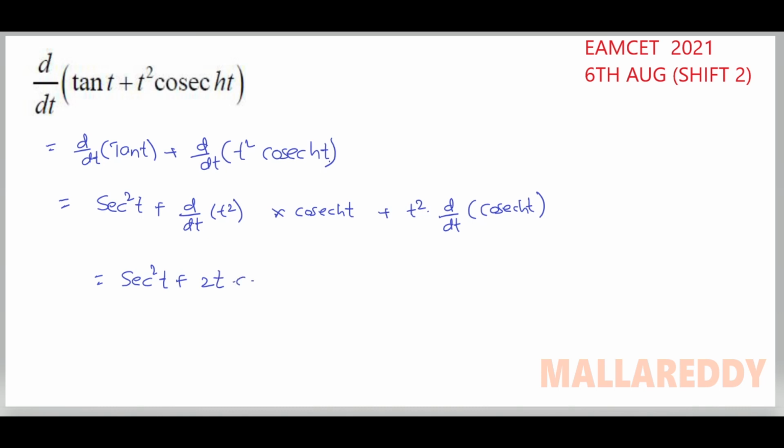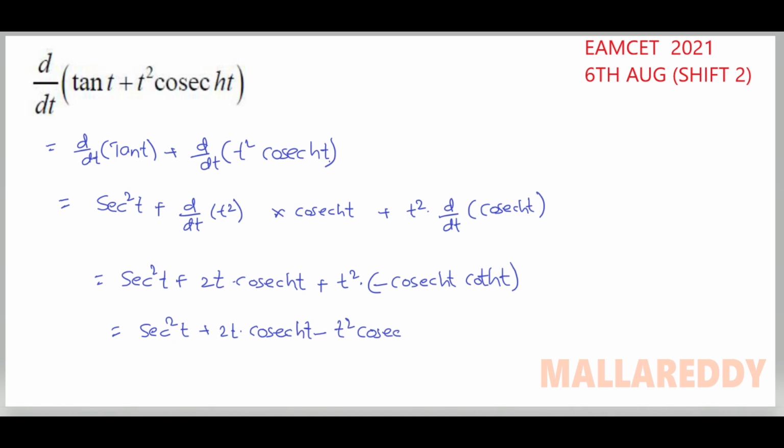This is 2t into cosec ht plus t square into d by dt of cosec ht, that is minus cosec ht into cot ht. So that is equal to secant square t plus 2t into cosec ht minus t square into cosec ht into cot ht.